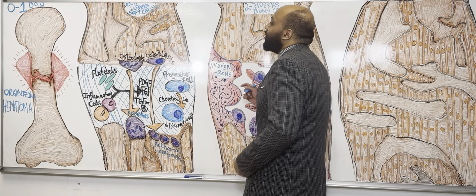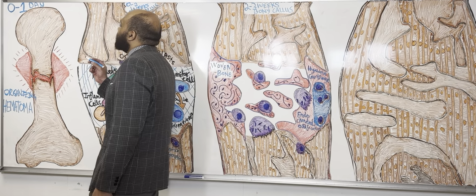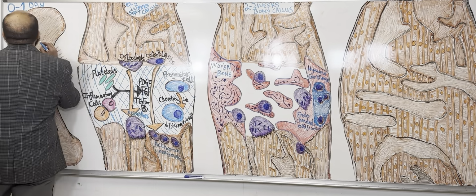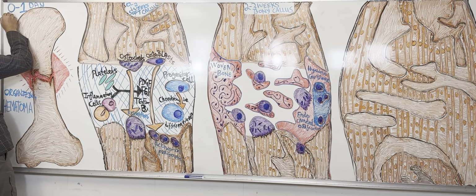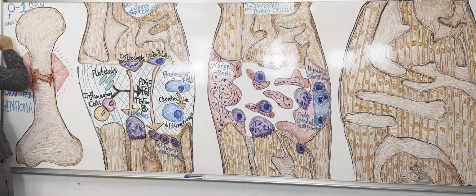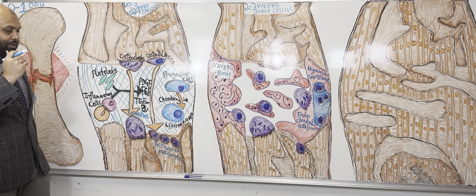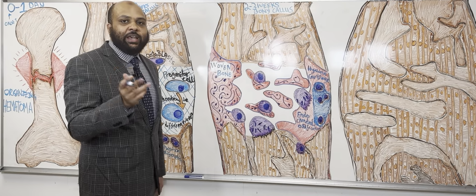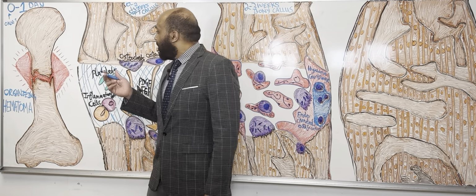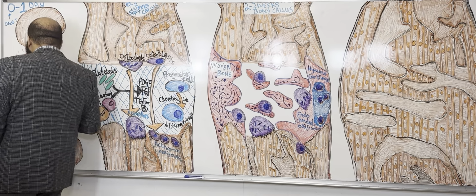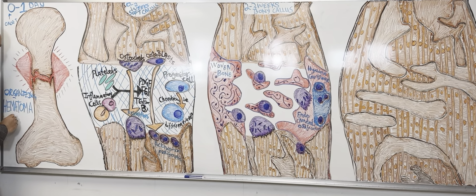Okay, so the first step happens at the onset of the fracture, referred to as zero, until about the first day, 24 hours. What happens here is known as the stage of the organizing hematoma.